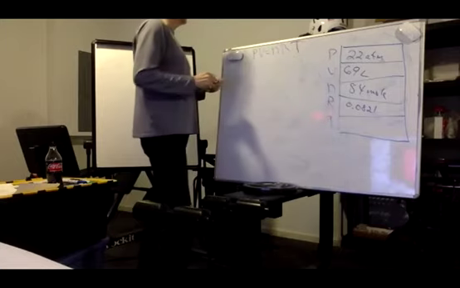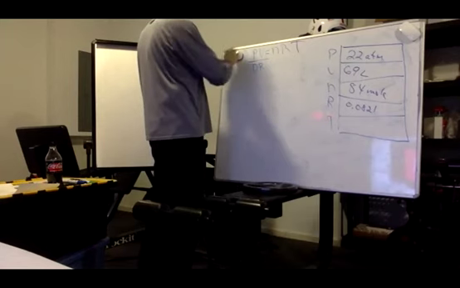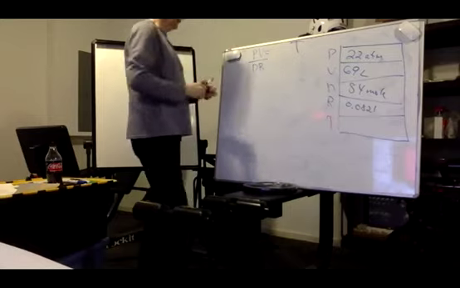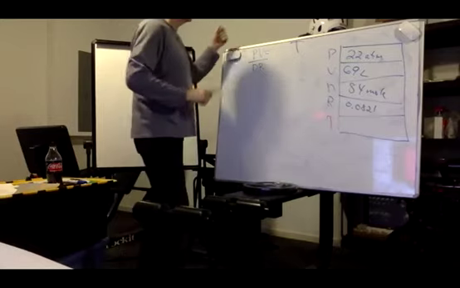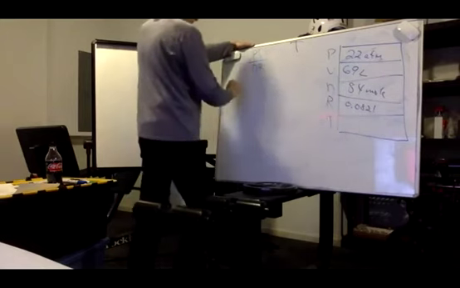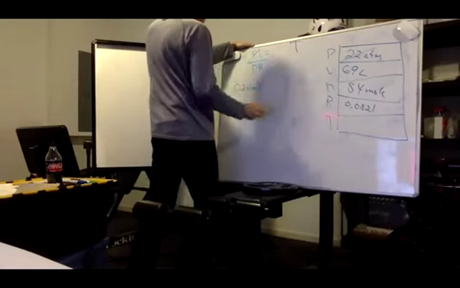T. So I've got to get T by itself. So nR's upstairs, nR's downstairs. There it is. So let's do P, 22. V, 69.